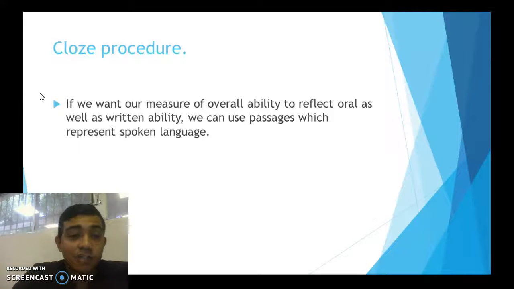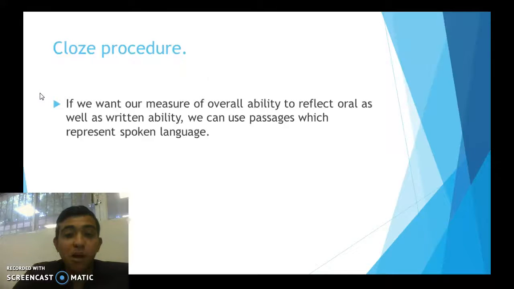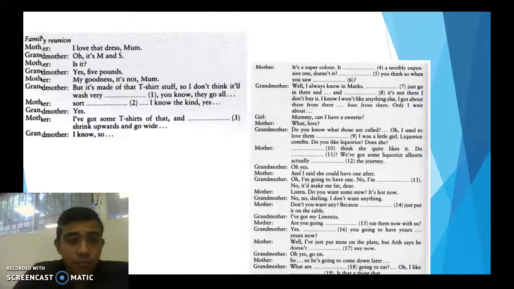Hello, I'll be speaking about cloze procedure. If we want our measure of overall ability to reflect oral as well as reading ability, we can use passages which represent spoken language. This is an example of a very well-structured conversation, which, as you can see right there, has some blanks: number 1, number 2, number 3, and it goes all the way to number 20.